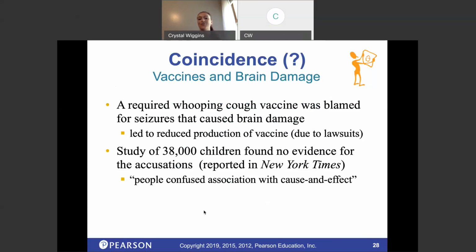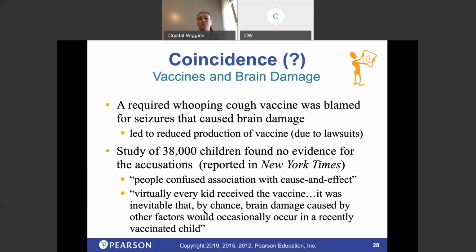These children were going to get seizures and consequently brain damage, whether they took the vaccine or not. Many parents really have a misconception on whether vaccines cause autism, whether they cause certain health conditions. And although it's not 100% ruled out, it is very unlikely. It is more a coincidental relationship than it is a cause and effect relationship.